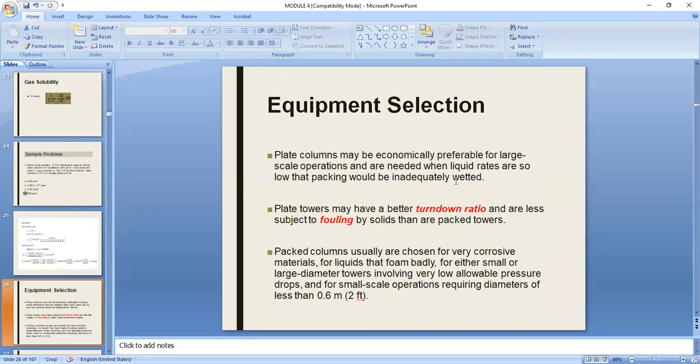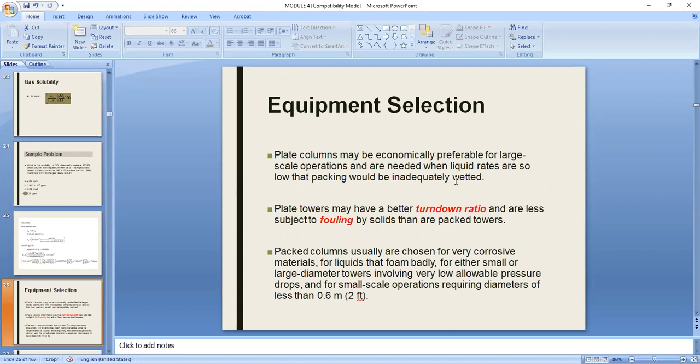So plate towers may have a better turn-down ratio and are less subject to fouling by solids than packed towers. Now, packed columns usually are chosen for very corrosive material.